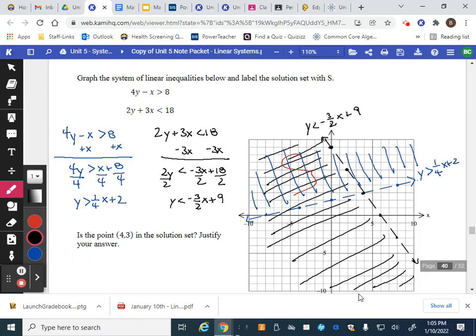Okay, so this is the solution set I have for this graph, and we're looking to see: is (4, 3) a solution in the solution set? So if I go over to 4 and then 3, I'm looking at this point right here.